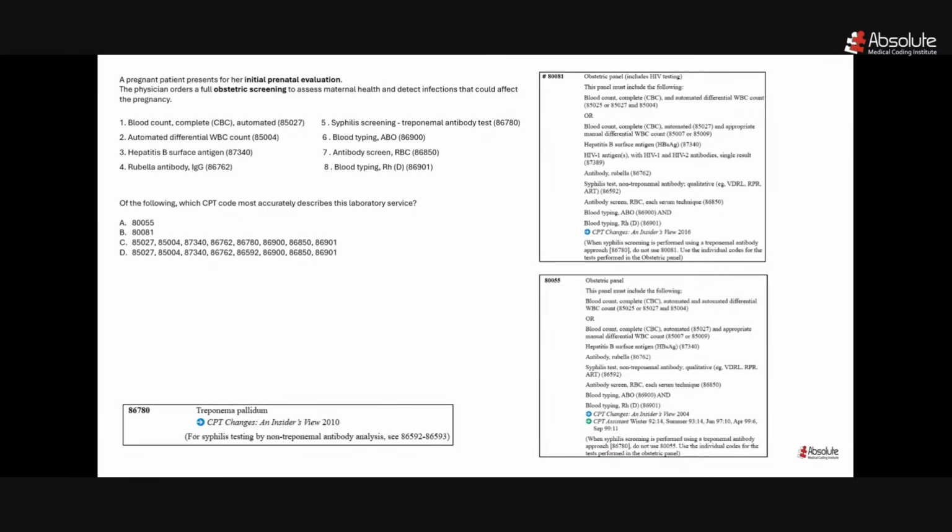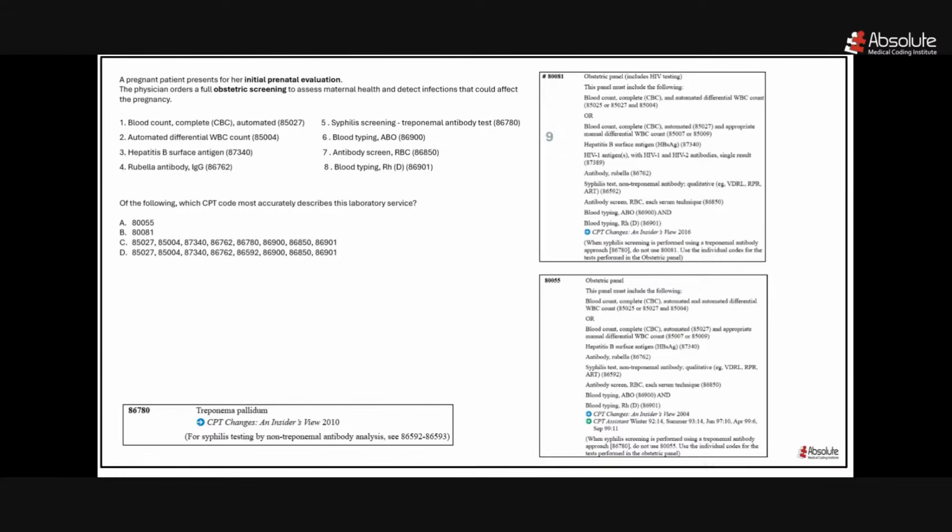As I said in the beginning of the panel review, 80081 has 9 tests and 80055 has 8 tests in them. The only difference between these two panels is that 80081 has one additional test, along with the other common tests, that is the HIV antigen with HIV antibody test.